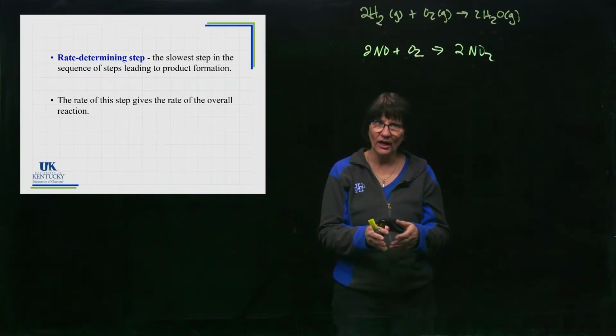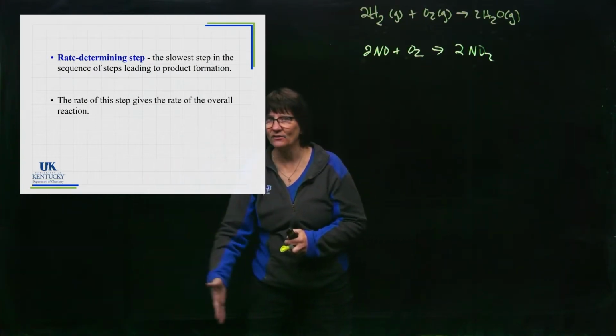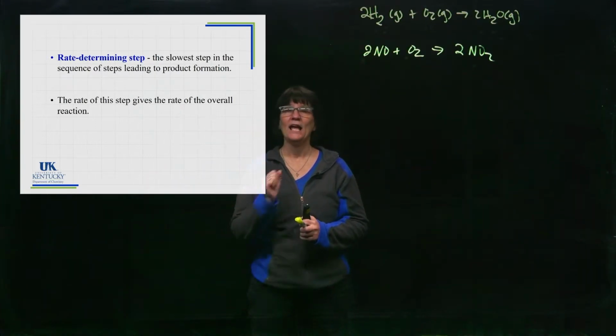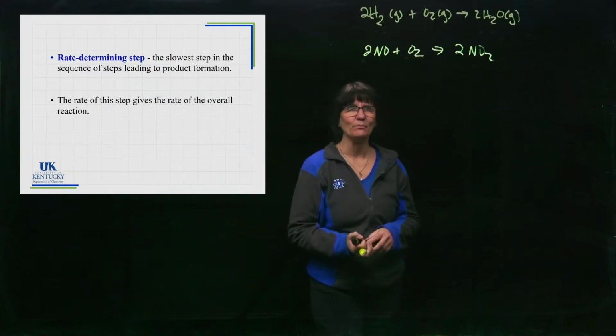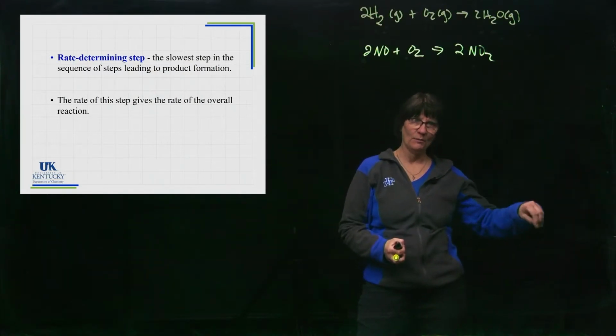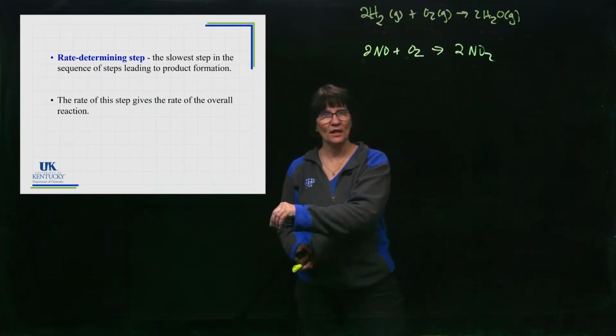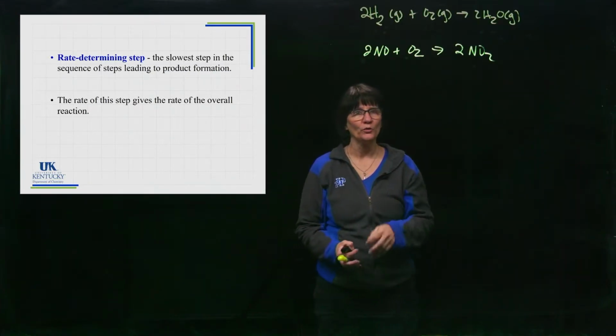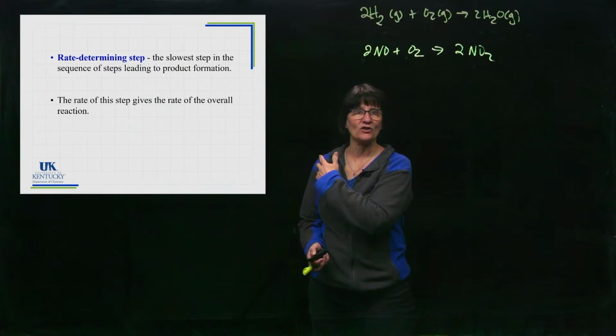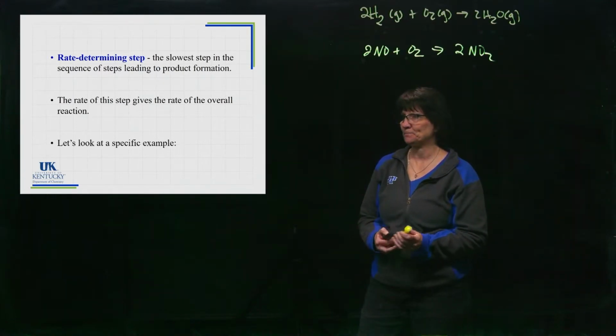Whatever is the slowest step determines how fast it will come off of the assembly line. If you think of your reaction as the assembly line of elementary steps, this elementary step has to happen, then this elementary step has to happen, and then this elementary step has to happen. The slowest one determines how fast the reaction is going to take place.